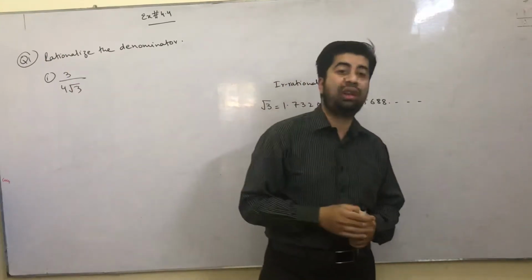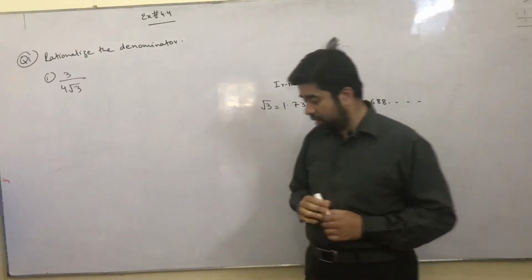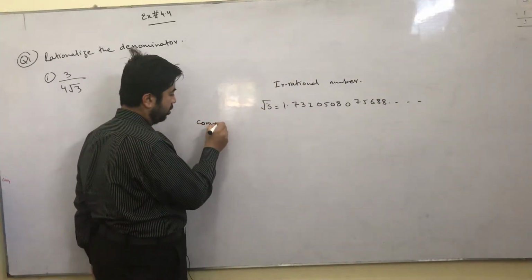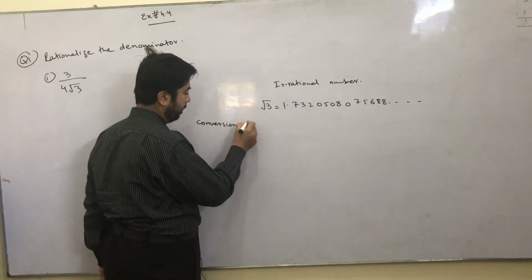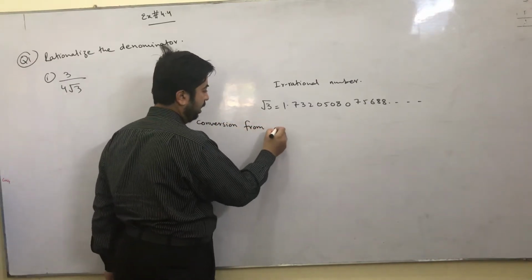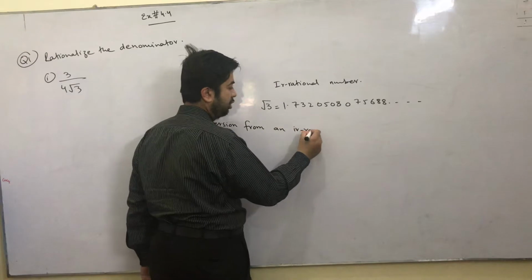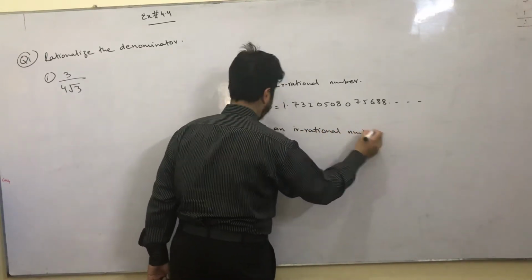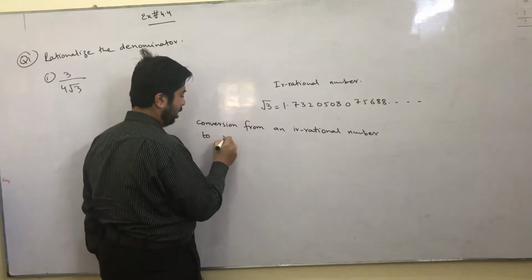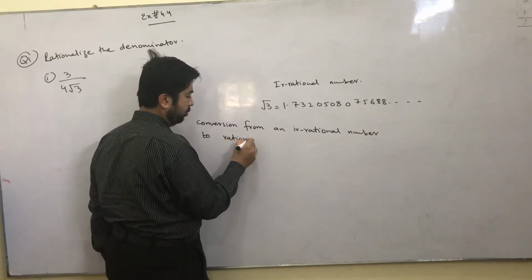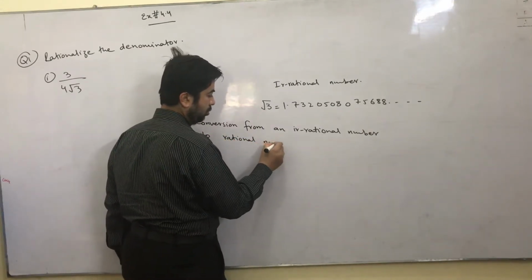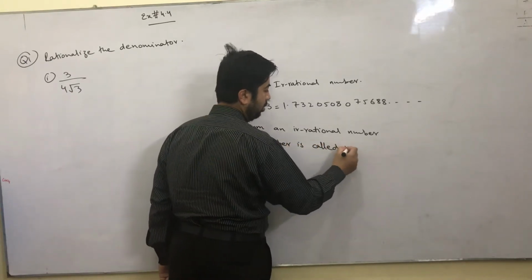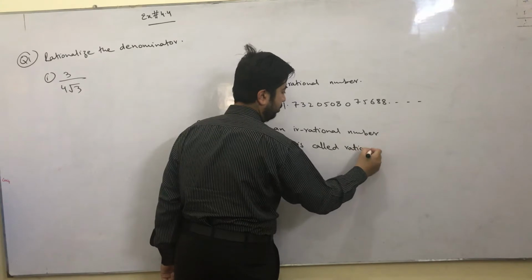The conversion from an irrational number to a rational number is called rationalization.